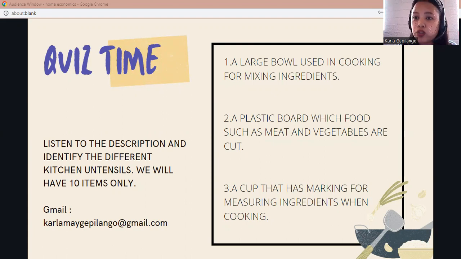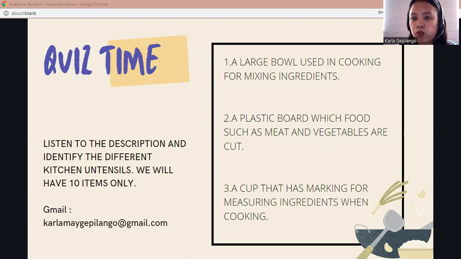It is a large bowl used in cooking or mixing ingredients. Again, it is a large bowl used in cooking or mixing ingredients. Okay, number two.